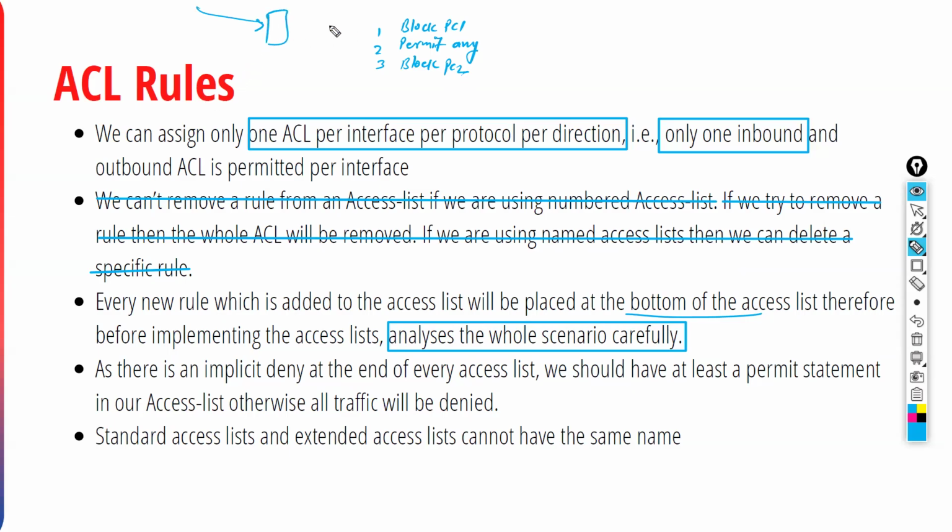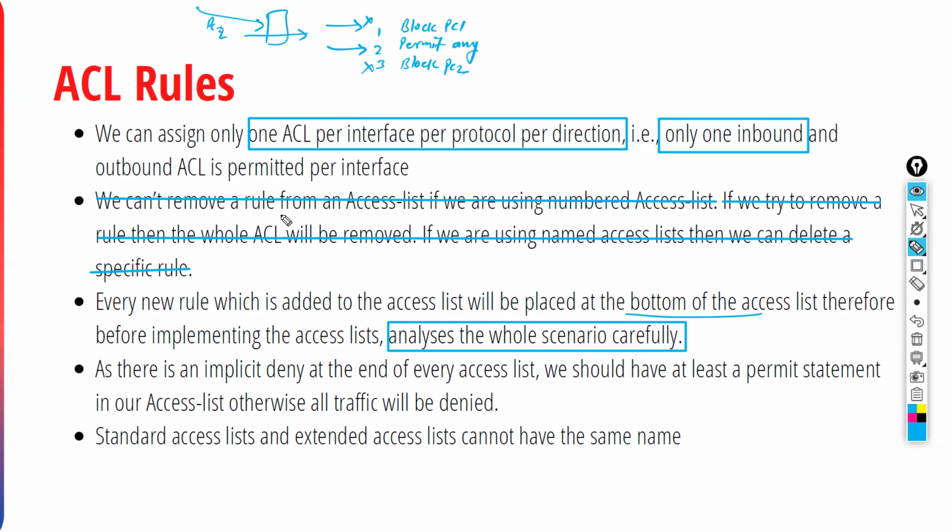ASA will first match the first rule. Not matching, so ASA will check the second rule. Let's say this is coming from PC2. ASA will check the second rule, permit any. ASA will permit it. It will never check the third rule. So you have to understand the whole scenario first, what you're trying to achieve with the help of the access list, how you are trying to filter the traffic. And accordingly, you have to decide your access control entries.